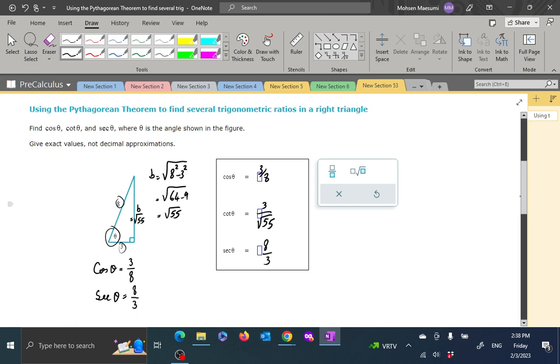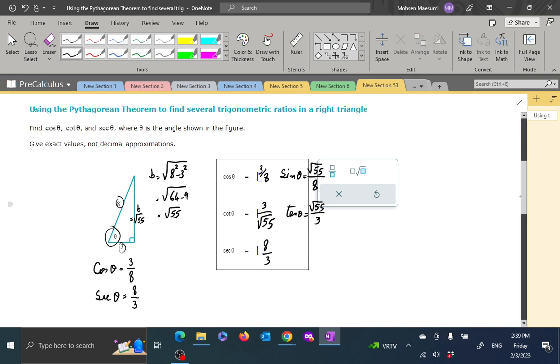What if I want sine of theta? Sine would be the ratio of opposite, which is radical 55, to hypotenuse. What if I wanted tangent? Tangent of theta would be the ratio of opposite to adjacent.